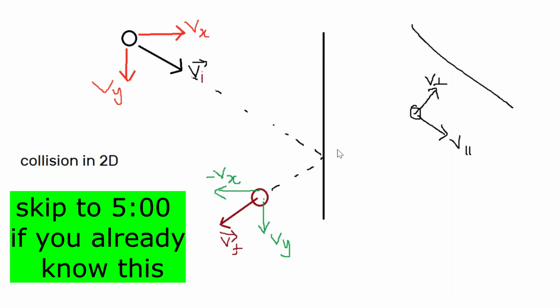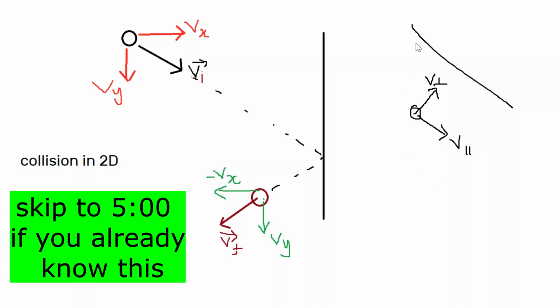So in a generalized case, the component of the velocity which is perpendicular to the wall will get reversed, while the component which is parallel to the wall will not be changed. This is how our program will implement collisions. You can see the generalized case on this side.